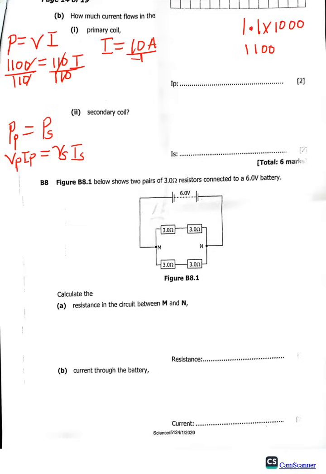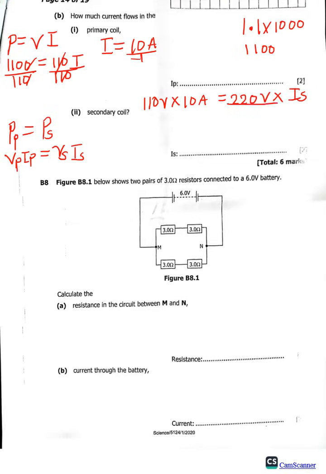Voltage on the primary is 110 volts times current of 10 amps. Voltage on the secondary is 220 volts times the current on the secondary.